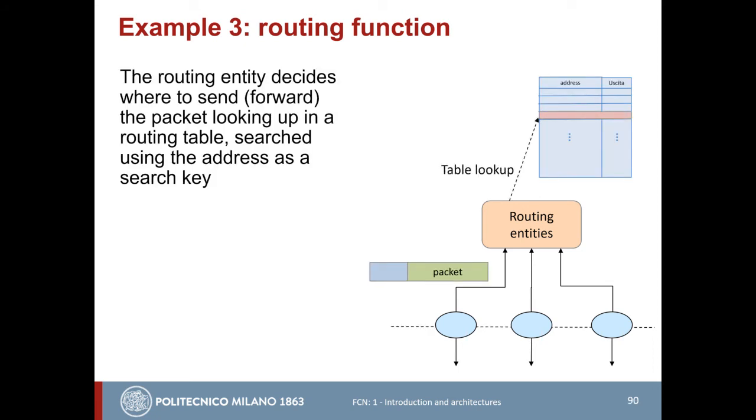So again, we have to look into the information that is carried by the packet, compare this information with the local database, information that is owned by the entities, and then select the output port. So the routing function is the same as before.